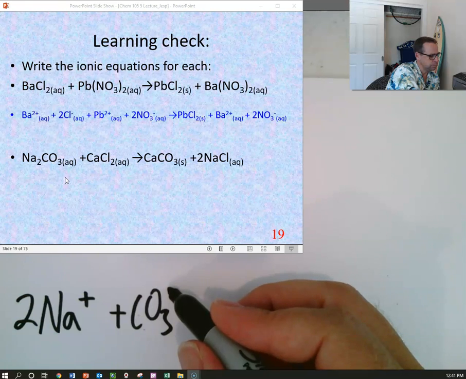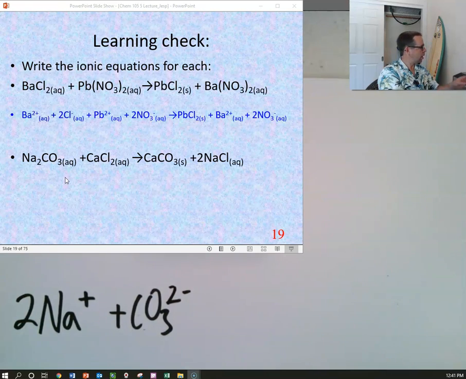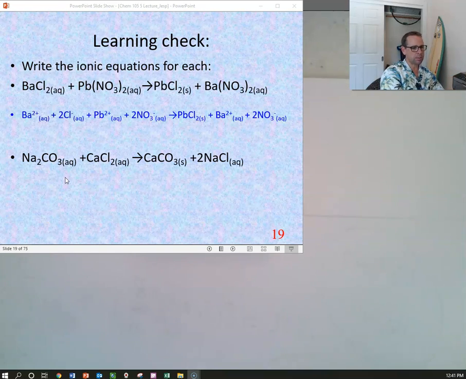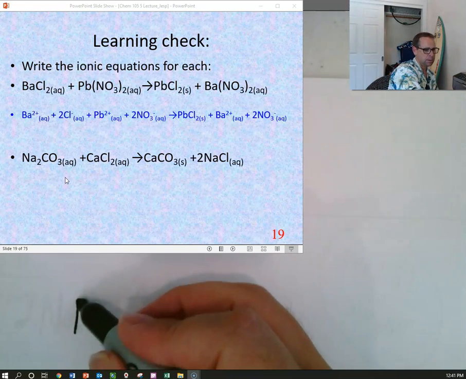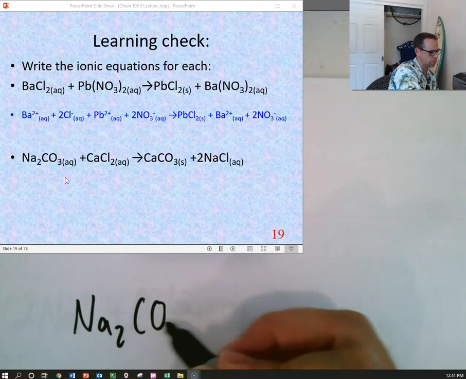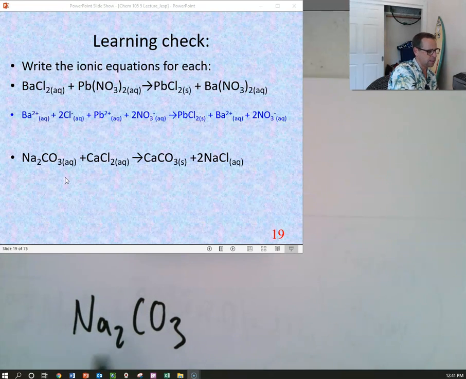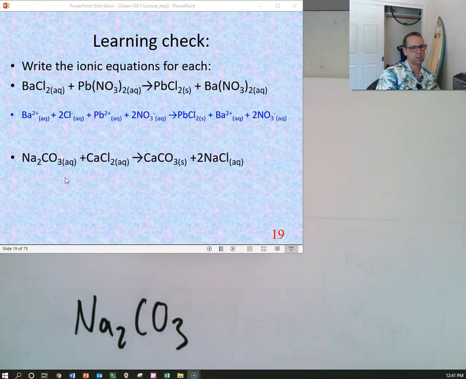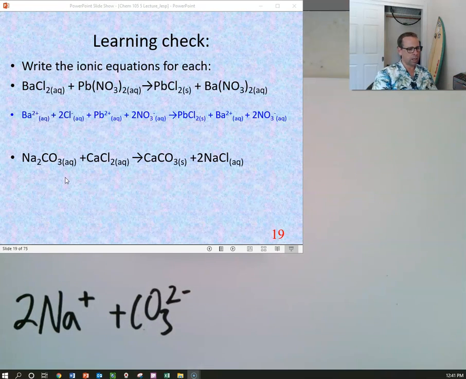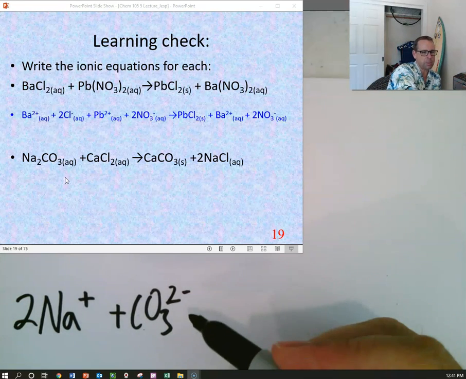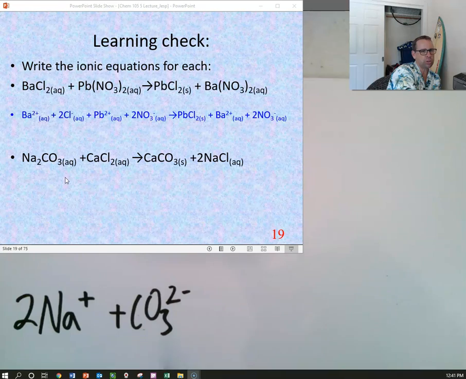Yeah. -2. That's right. Now, I also could have known that by seeing Na2CO3, once I knew that this was a +1, I see that there's 2 positive ones, therefore the CO3 must be a -2. So I could look at the back of the periodic table, which is great, but I also could have looked at the compound and known that as well.